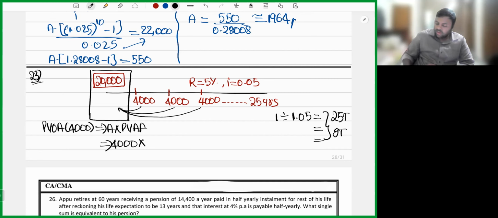Grand total. You will get 14.0939, into 4,000. So simply 56,375.77.